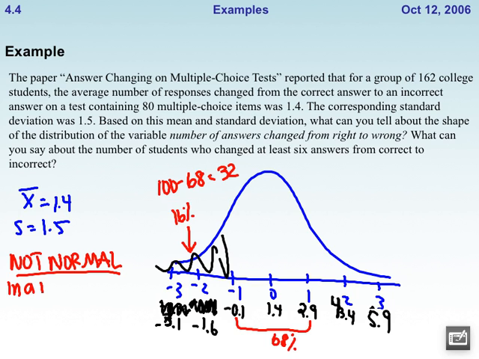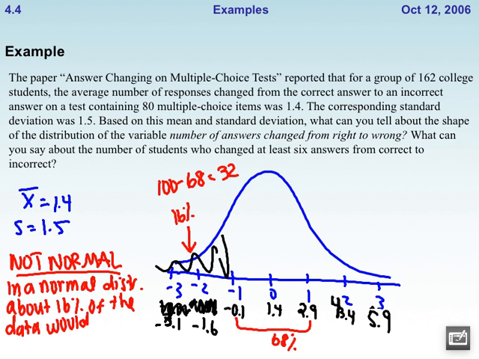In a normal distribution, about 16% of the data would fall more than one standard deviation below the mean.